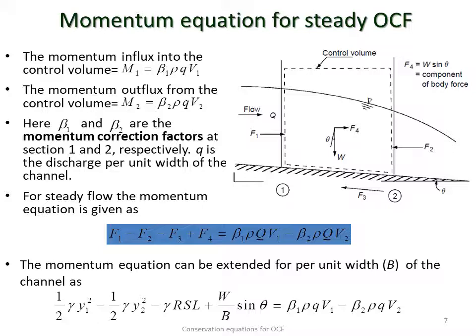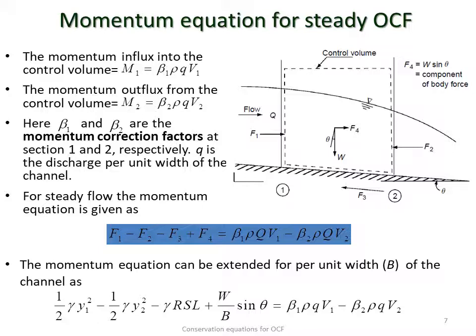We have already discussed the momentum correction factor, and we know that it is taken into account since we are dealing with the depth average mean velocity capital V instead of the actual vertical distribution of velocity in the channel cross section.